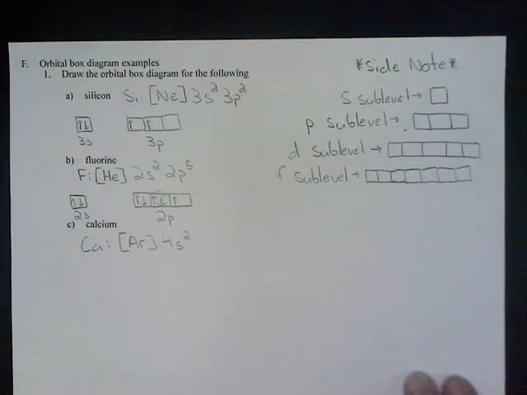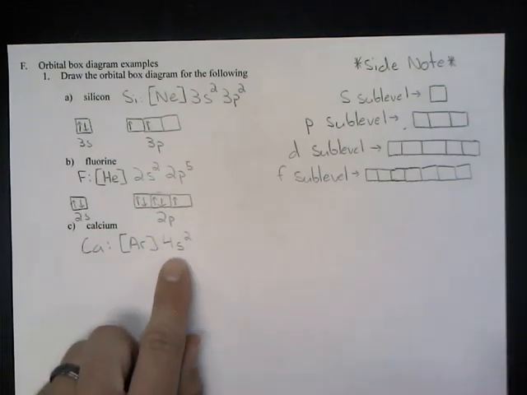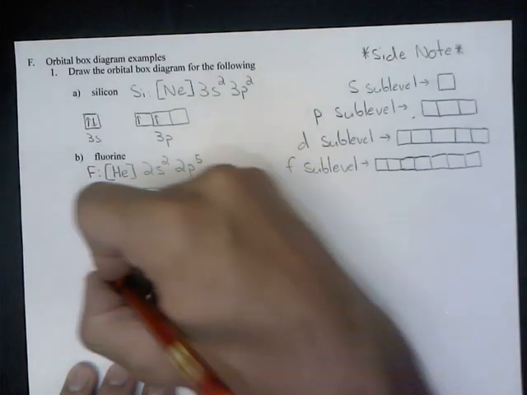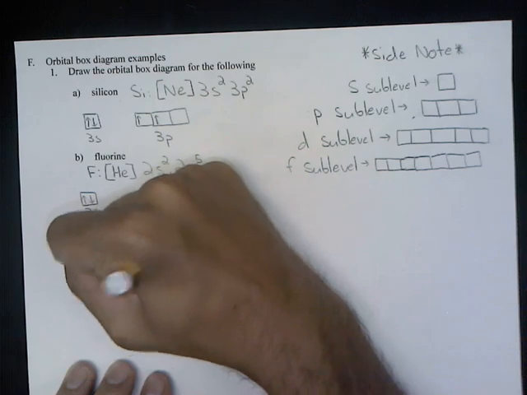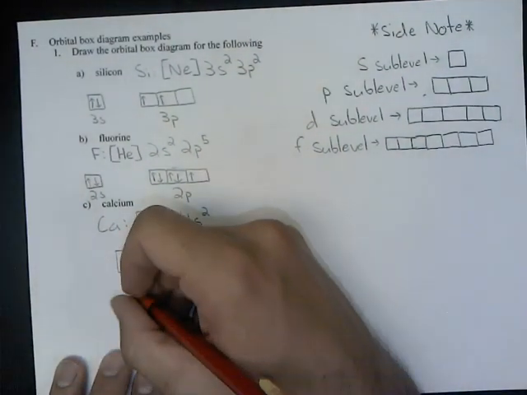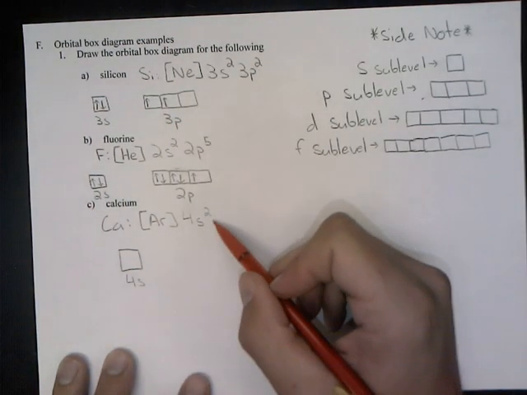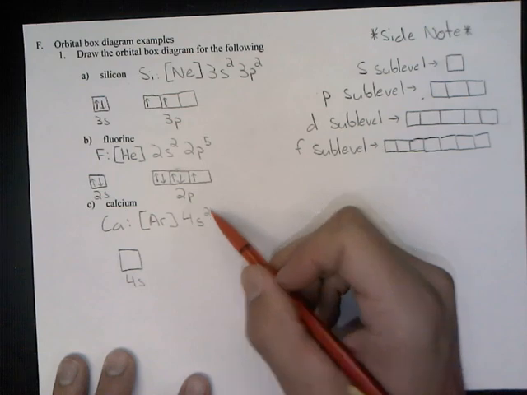Now what we do is this. We ask ourselves, how many boxes does a 4s level get? Well, it gets 1. And we say, that is a 4s level. And we ask ourselves, how many electrons do we have to deal with? Well, 2.